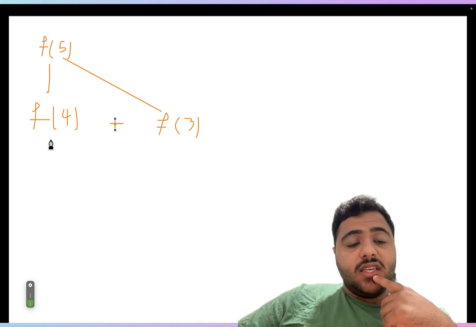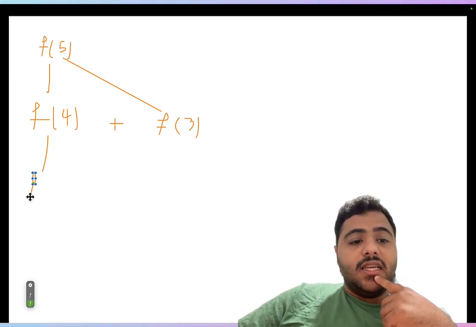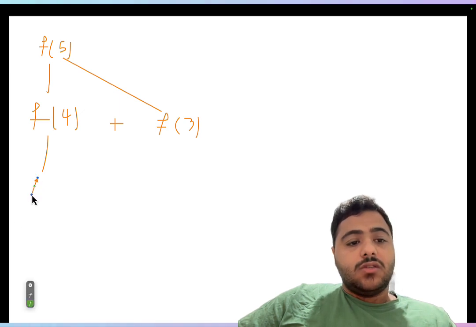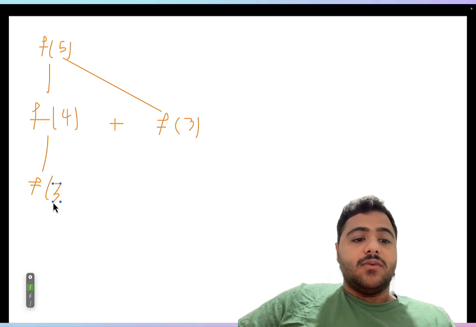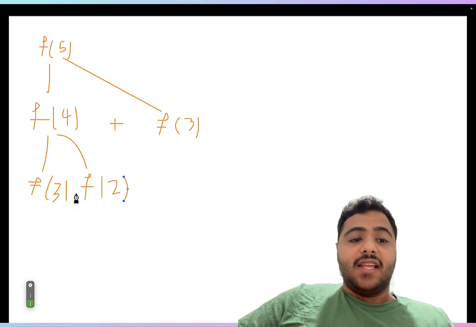But for finding the Fibonacci of 4, it needs to find the Fibonacci of 3 and the Fibonacci of 2 and add them together.